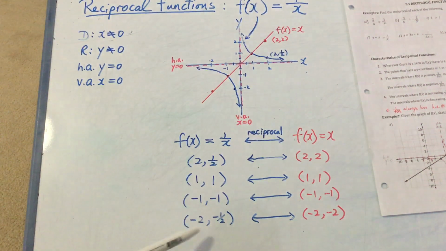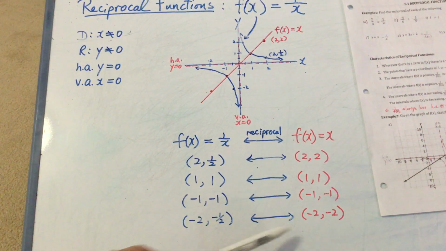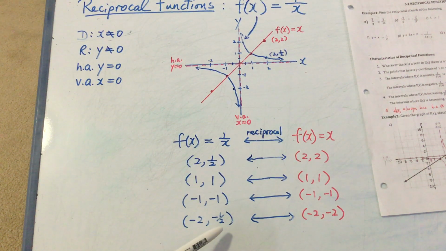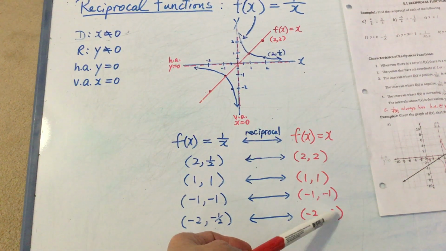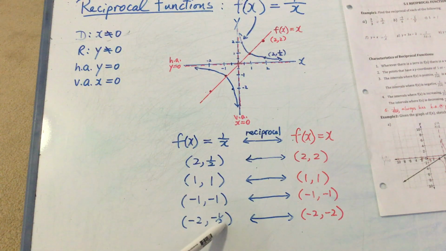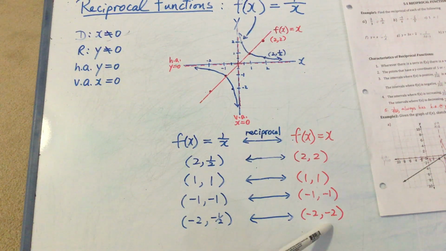Because what we did is, for the same x, -2, the y coordinate gets reversed by dividing: 1 divided by the y coordinate. So 1 divided by -2 will give you -1 over 2. Or if you divide 1 by -1/2, you will get -2.